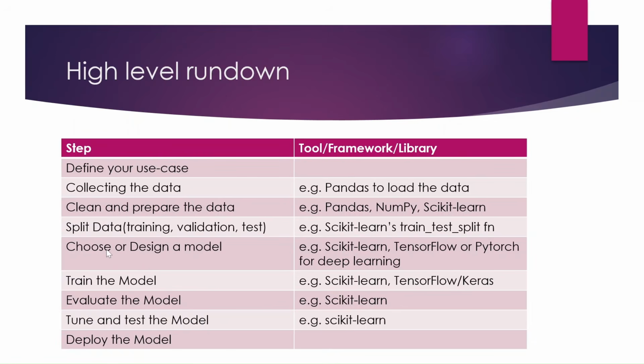The next step is to choose or design a model. So we can choose a pre-existing model or we can design a model from scratch. There are things available in Python that we can use, like scikit-learn, TensorFlow, PyTorch for deep learning. Then we train the model using scikit-learn, TensorFlow or Keras. Similarly, to evaluate the model, again, there are utilities like scikit-learn that you can also use to tune and test the model, and you finally deploy the model.